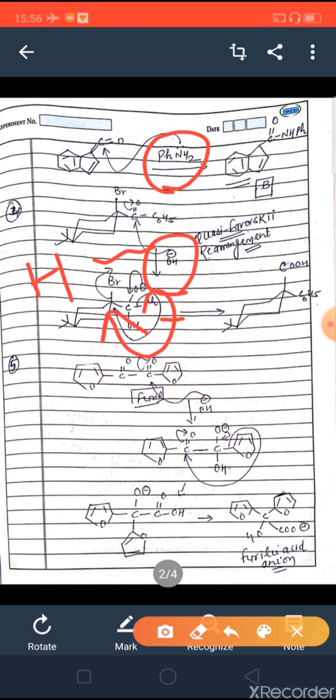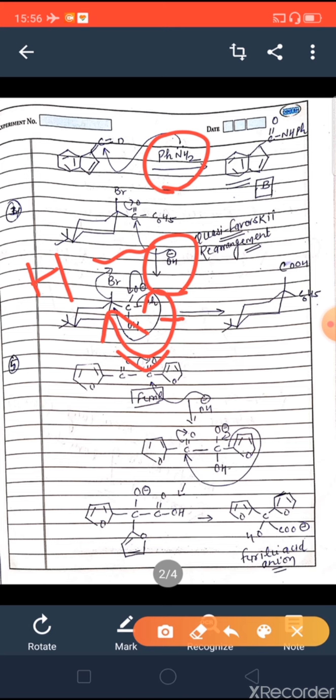The important point here is the stereochemistry of the component. The bromine, as you know, is present at the axial position, and the COPh is present at the equatorial position. Now the phenyl group is migrating and attacking the carbon bearing the bromine, with elimination of the bromine.